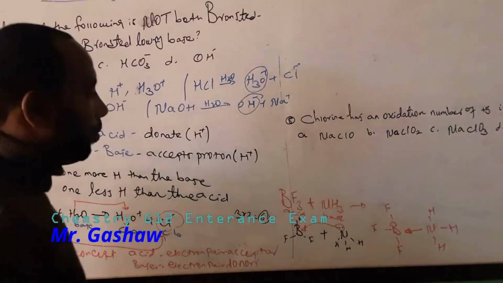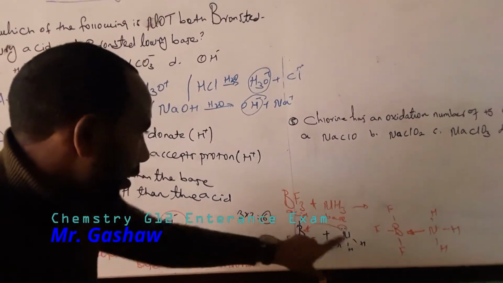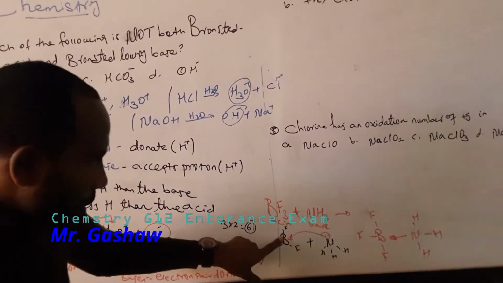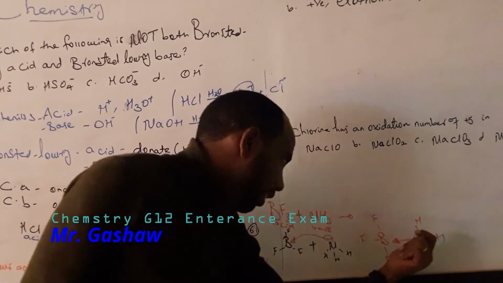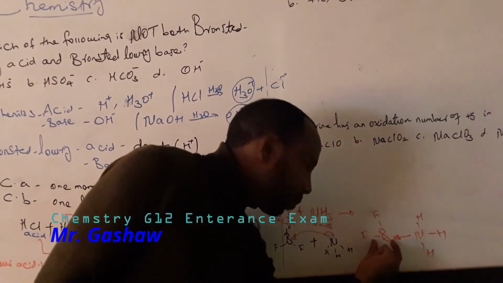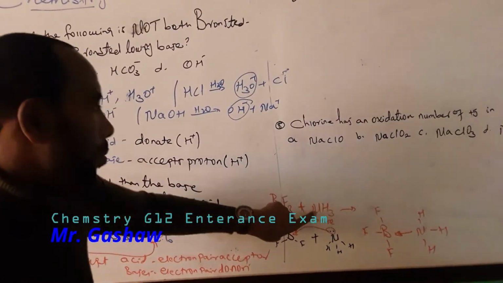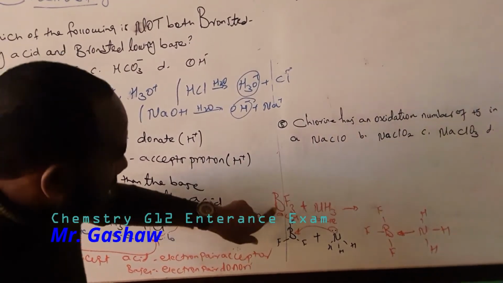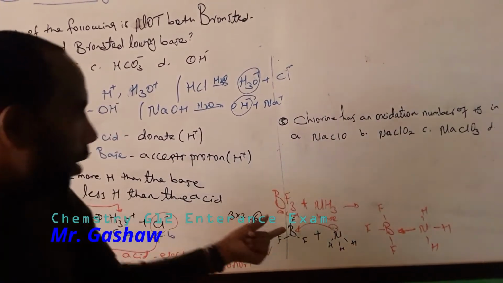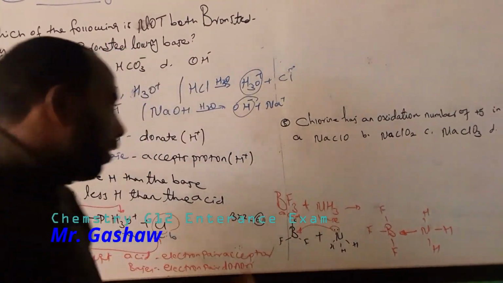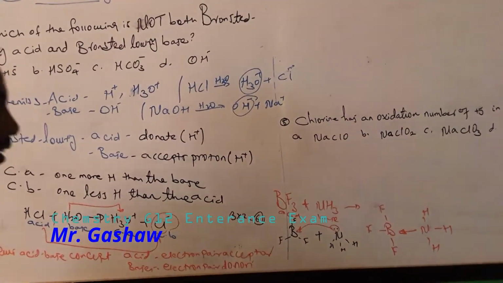After donating the electrons to the boron, this one is the electron pair donor and this one is the electron pair acceptor. That's why ammonia is a Lewis base and boron trifluoride is a Lewis acid, based on what? Donating of electrons and accepting of electrons.